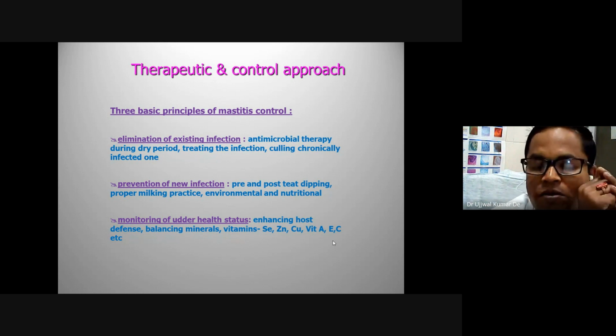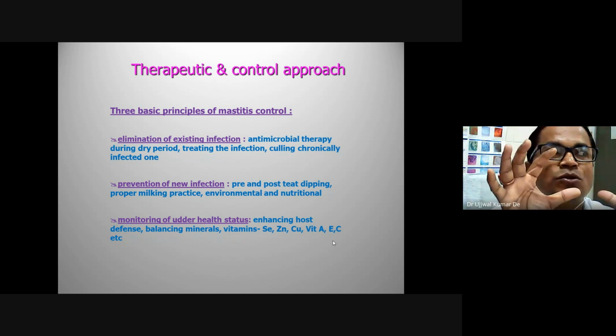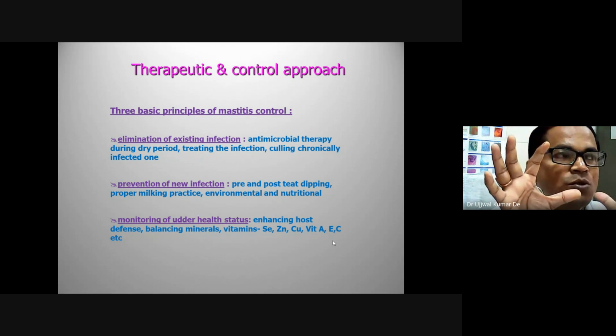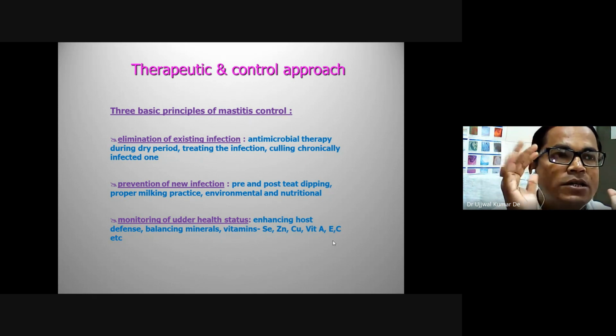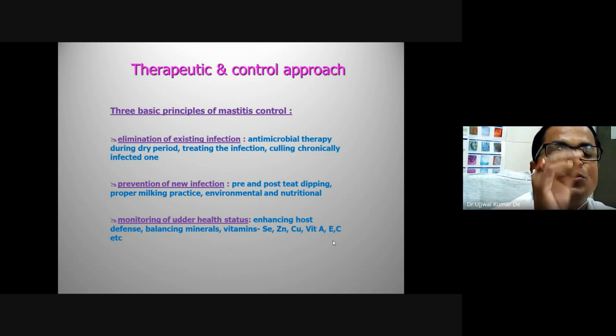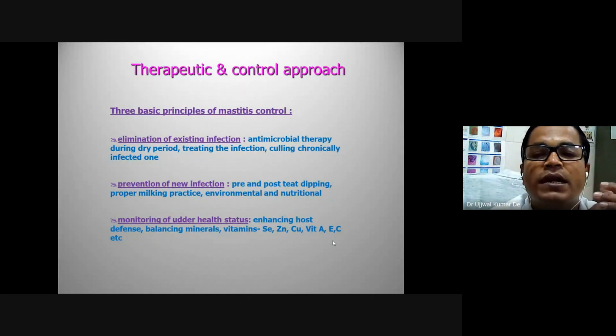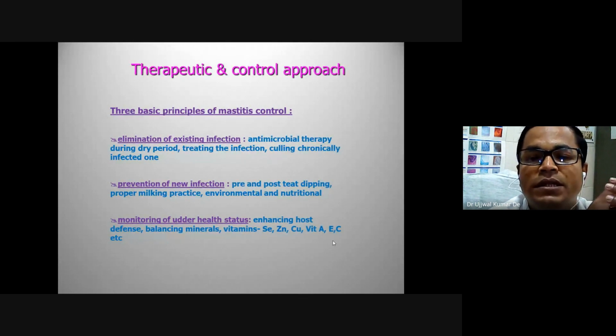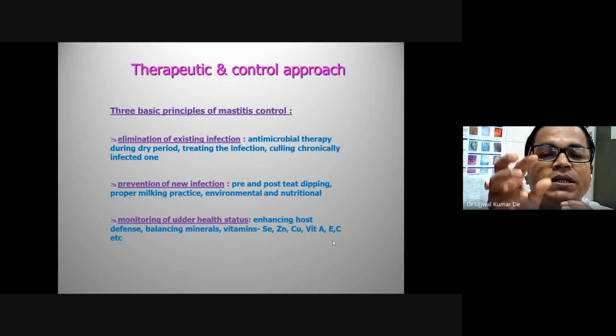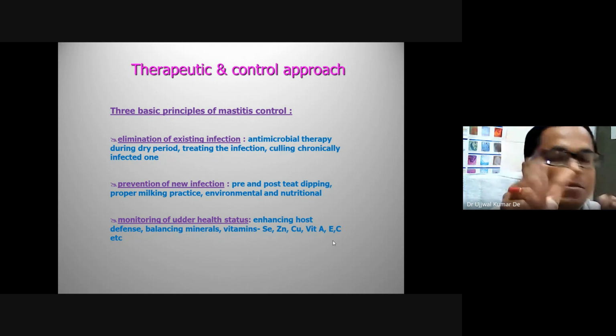But here I am repeatedly talking about somatic cell count. Why am I taking it? Because even in healthy milk there should be some number of somatic cells, otherwise the animal will contract infection immediately. In somatic cells you get macrophages and lymphocytes, these are the immune cells.